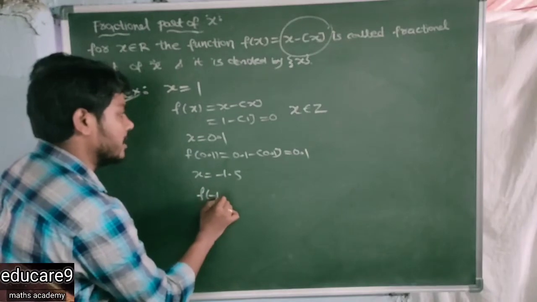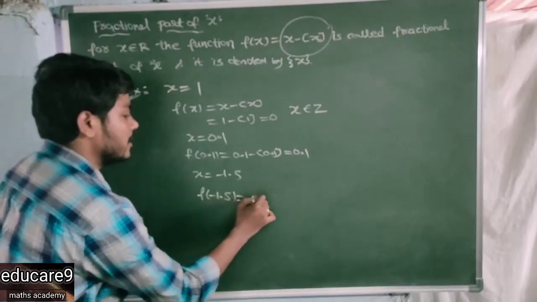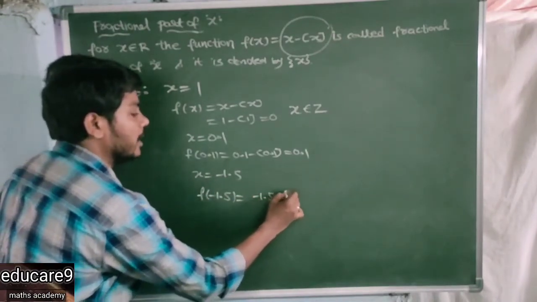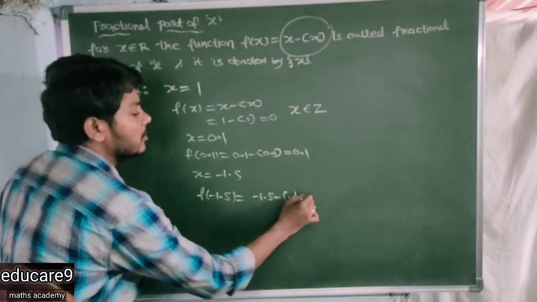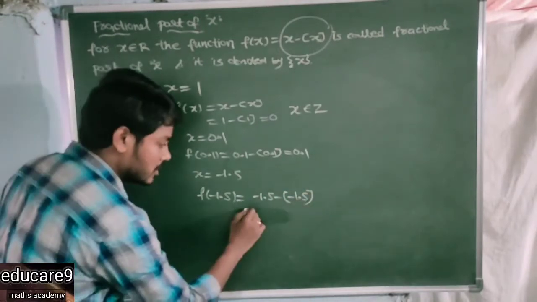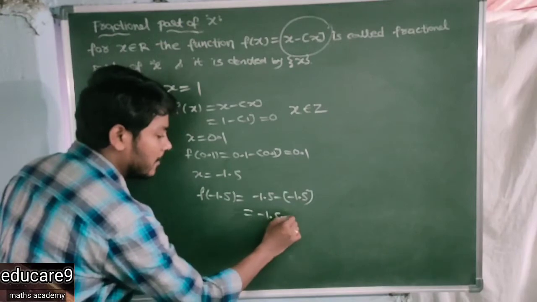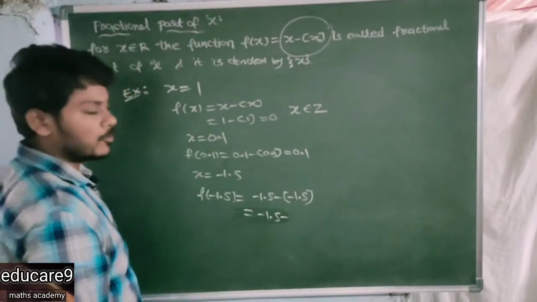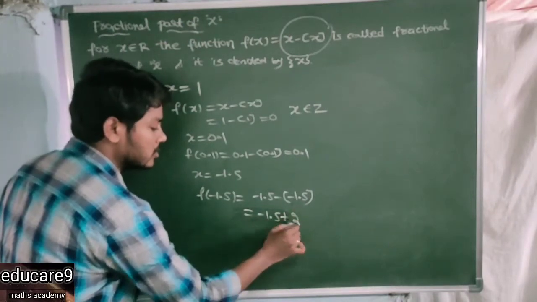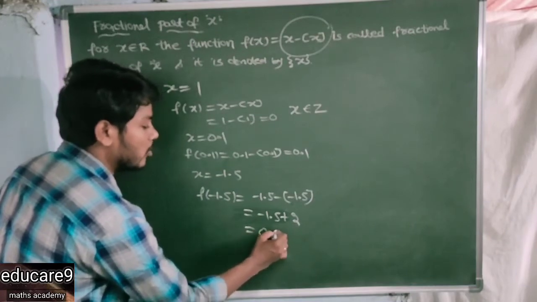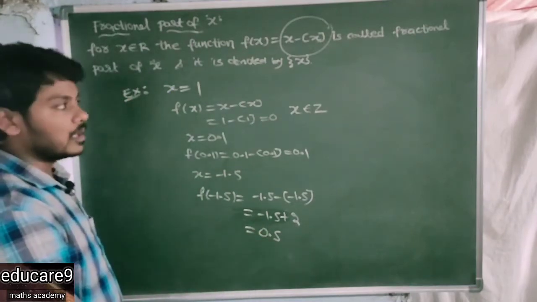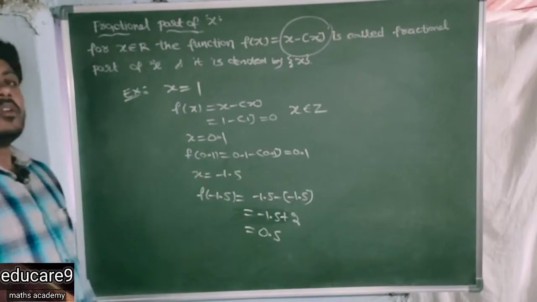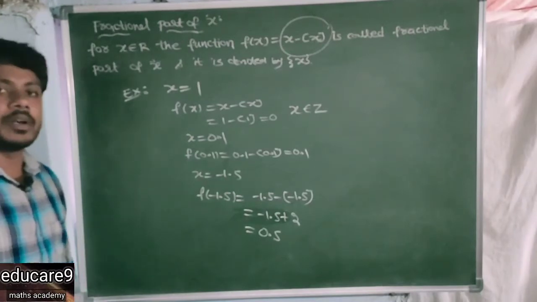F of minus 1.5 is minus 1.5 minus step of minus 1.5, which is minus 2. That is plus 2. You get 0.5. Okay, so these are the values of the fractional part of x.